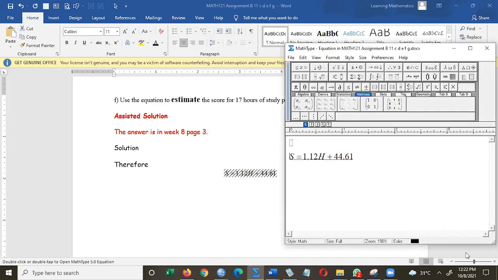For the question, H is equal to 17. But what if you do not study? What if H is equal to 0? What do you expect to get based on that formula? 44.61, the y-intercept. When x is equal to 0, this is the y-intercept.